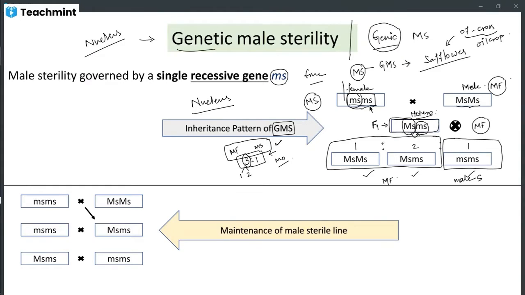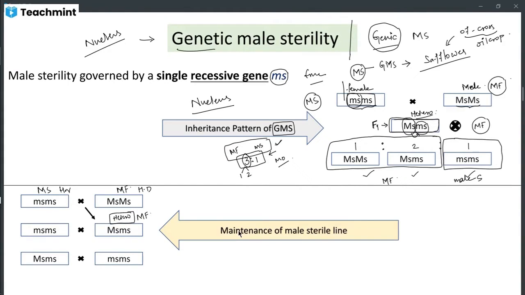When you cross this homozygous recessive male sterile line with the male fertile line, which is a homozygous dominant one, you will have a heterozygous progeny, which will be male fertile.